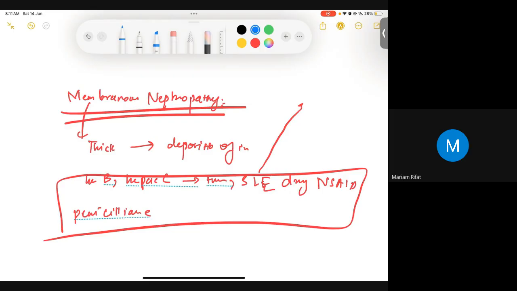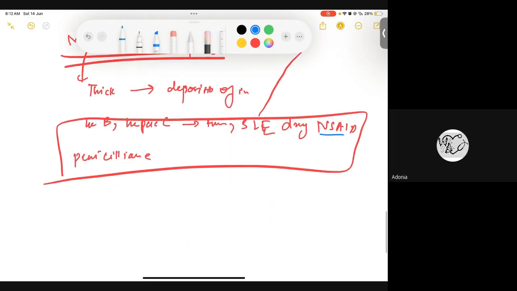Antibodies against what antigen? That's my question. Double stranded DNA. Okay, perfect. What else? NSAIDs. Whenever immune complexes are formed against NSAIDs, in this way you can remember it. So it's going to lead to membranous nephropathy, right?